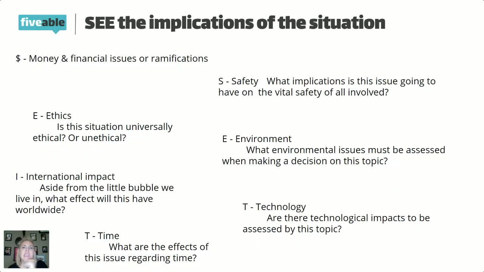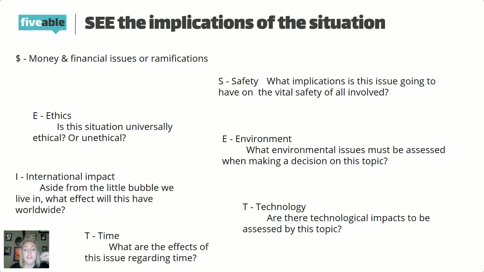So, I'm against eminent domain because it causes financial issues for people whose land is seized. I believe it's universally unethical, and it's not good for the environment because we are denying people their homes and their neighborhoods for businesses and increasing traffic, and that has an environmental impact.